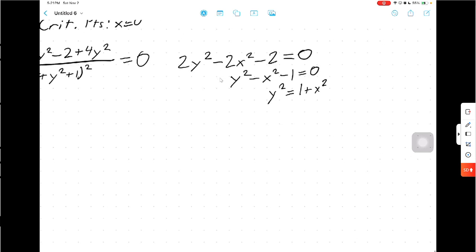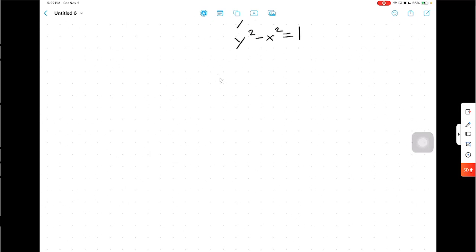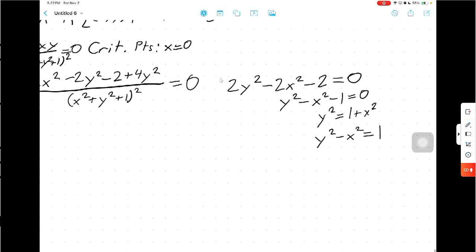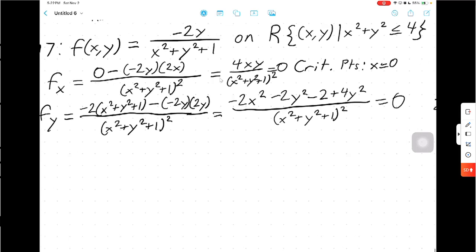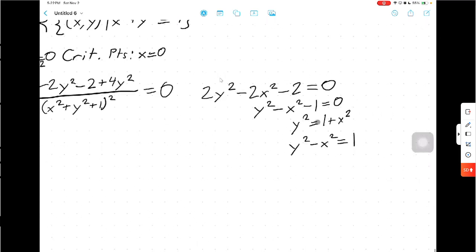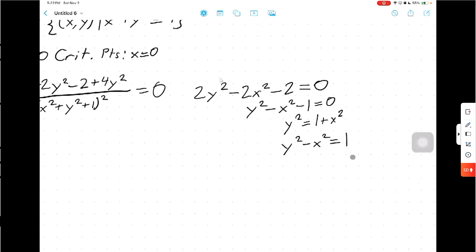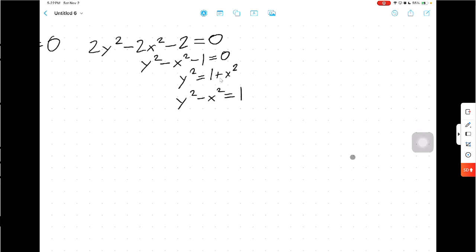Oh god, what the heck do I do with this? Like, you actually can't. And that bottom can't even be 0, so you don't even get an undefined condition. This is like, that is a hyperbola of all critical points.